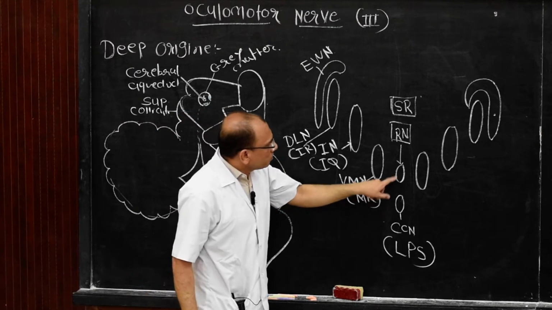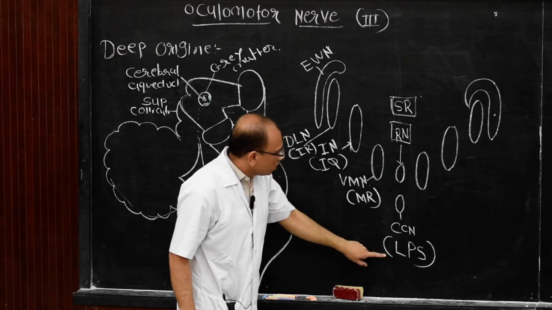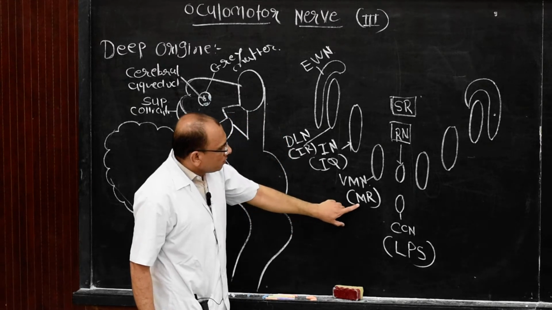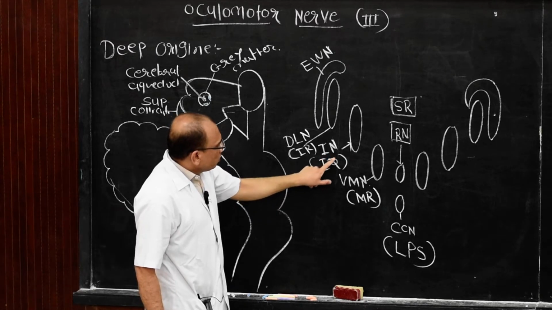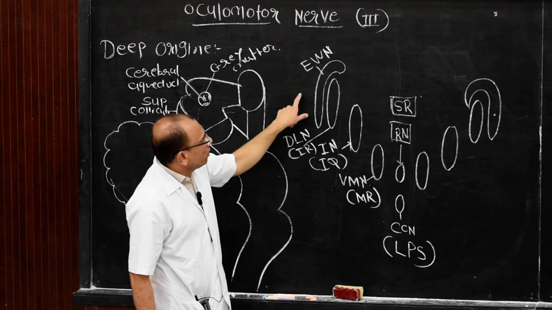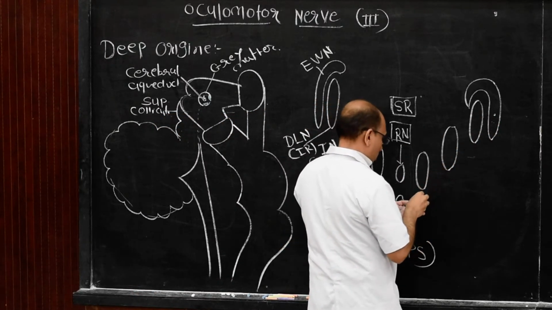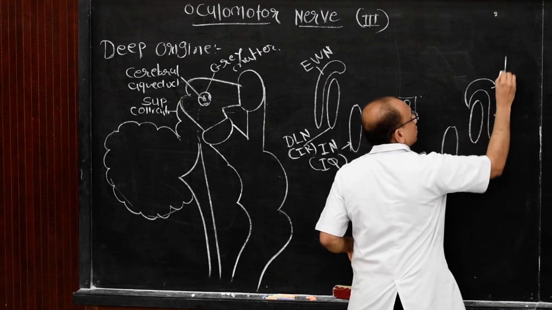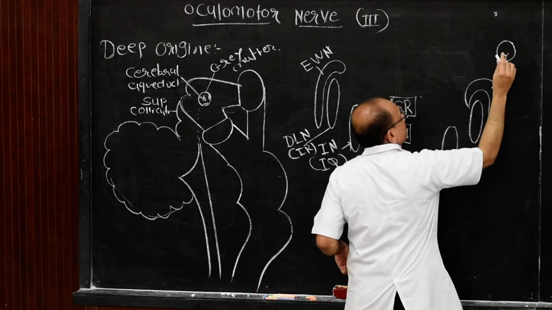So this is the oculomotor nuclear complex. The Raphe nucleus supplies the superior rectus, the caudal central nucleus supplies the levator palpebrae superioris, the ventromedial nucleus supplies the medial rectus, the intermediate nucleus supplies the inferior oblique, and the dorsolateral supplies the inferior rectus. And this one is the parasympathetic nucleus, the Edinger-Westphal nucleus, from which fibers arise as preganglionic fibers to the ciliary ganglion.